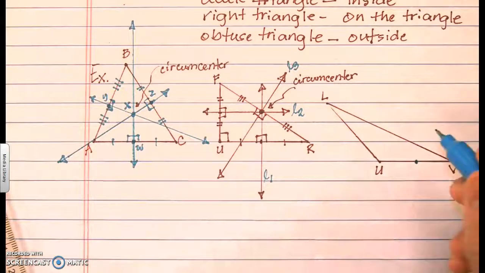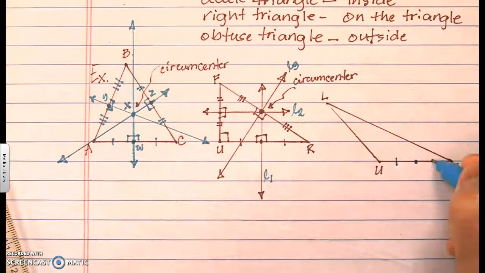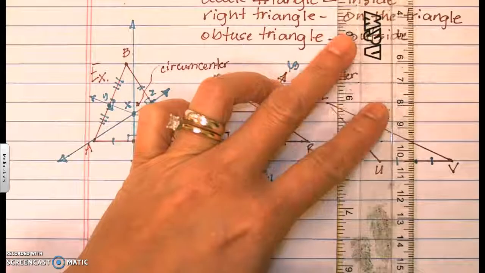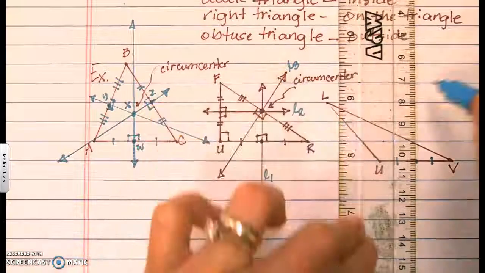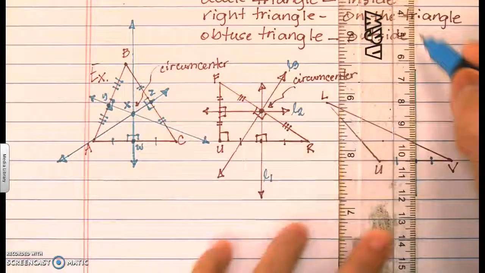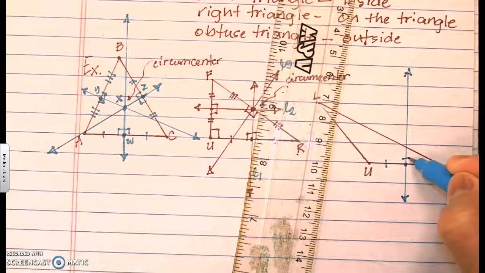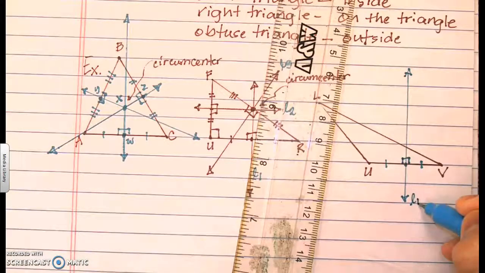Let's say that that's my midpoint. And so this is congruent to this one. I'm just going to go ahead and draw a perpendicular line passing through that midpoint. And so that is my perpendicular bisector. So that's the first one. I will call that my line 1.